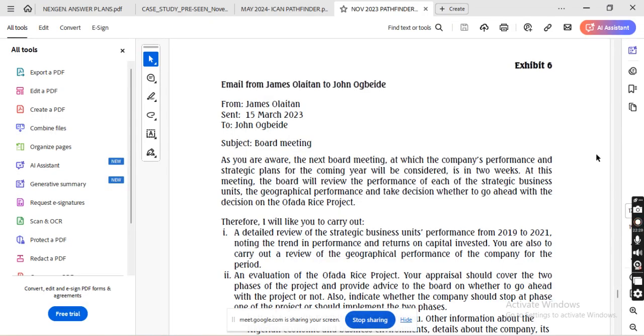Email from James Olaiton to John Ogbede. The question is, who is this James Olaiton? Because we've not read through, we may not be able to understand this requirement because we have not read through the present. So let's just leave this for now.